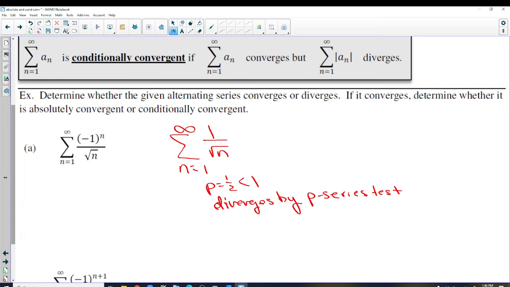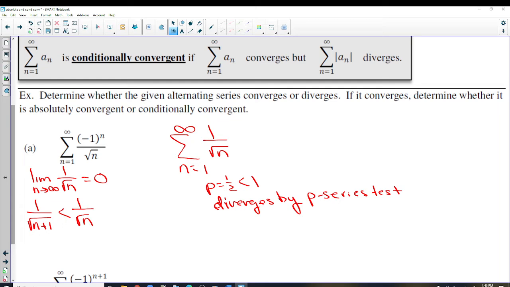Now that we decide it diverges absolutely, we go back to the original and see if it converges conditionally or it might just altogether diverge. So we're going to do the alternating series test here. The limit as n approaches infinity of 1 over square root of n is equal to 0. And then I have to be able to say this: 1 over square root of n plus 1 is always less than 1 over square root of n. That's actually true, because the only variable we have is in the denominator.